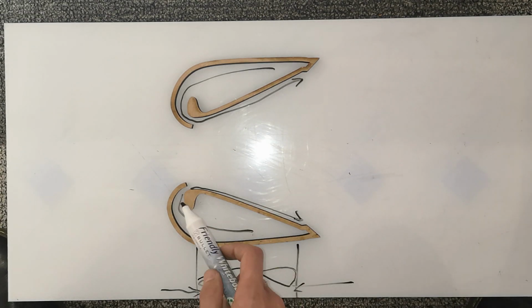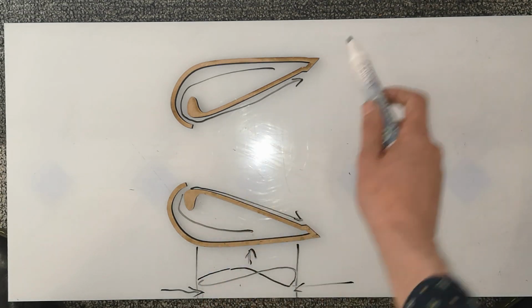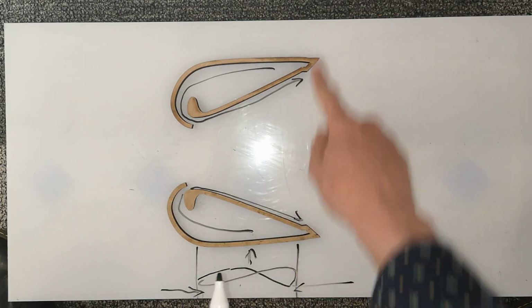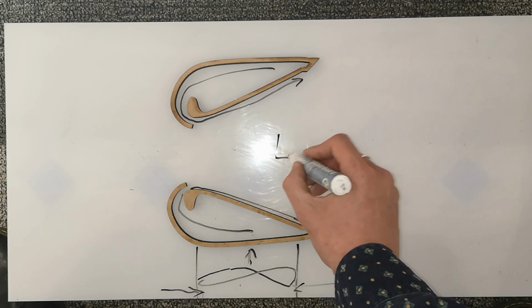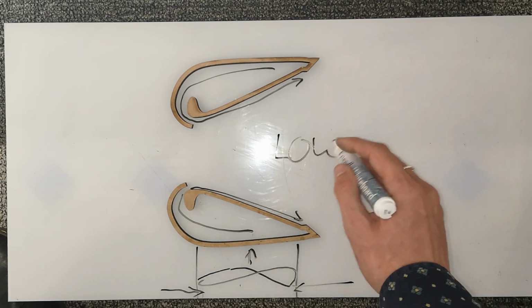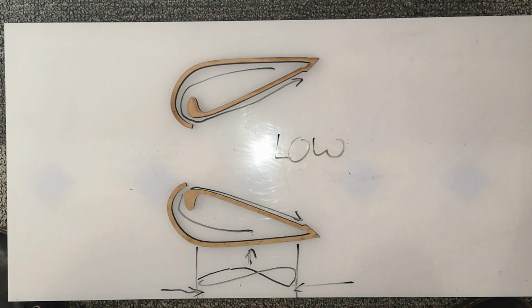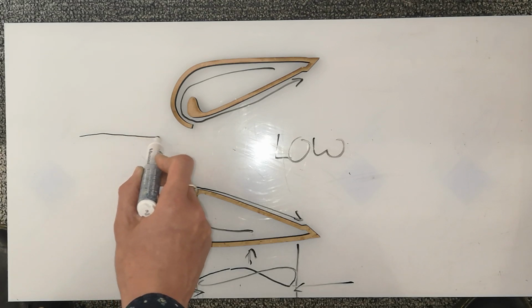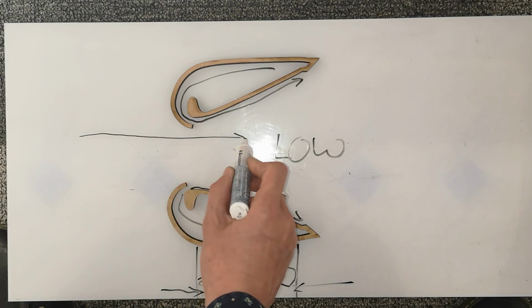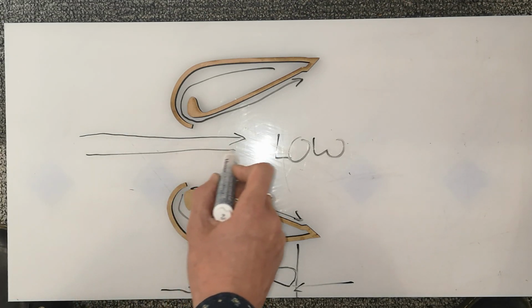Now, because it's moving in a direction sort of that way and that way, it's leaving an area of low pressure here, which is the middle of the hoop. This low pressure area pulls air in from the area behind the hoop, which has relatively high pressure.